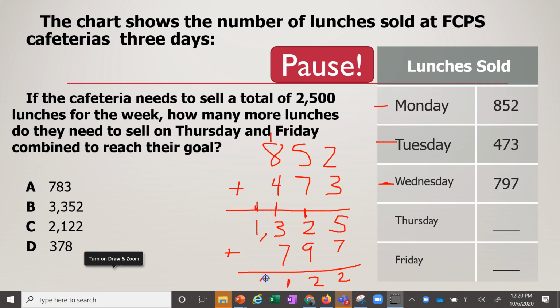And 1 plus 1 is 2. So all in all, we have sold 2,122, which is an answer here, but not the correct answer that I'm looking for. What am I looking for? I need to figure out how many lunches were sold Thursday and Friday combined to reach our goal of 2,500.